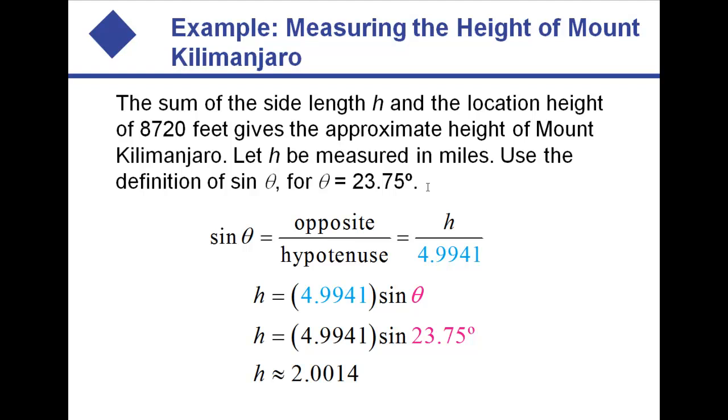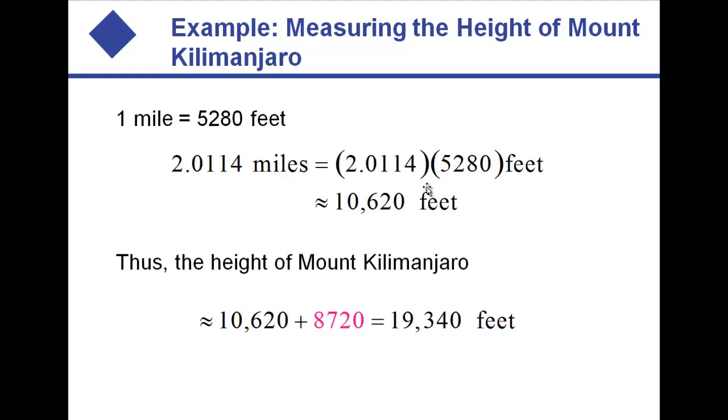That's what we did here. We got 2.0014 as h, converted that to feet, added the 8720 that we were already standing at and got a total of a little over 19,000 feet.